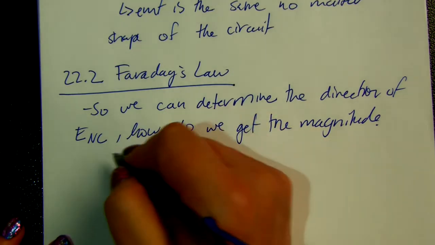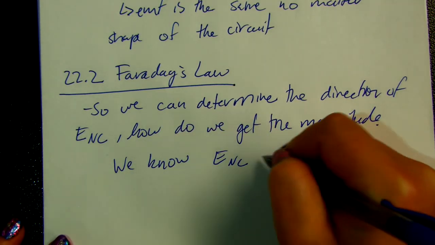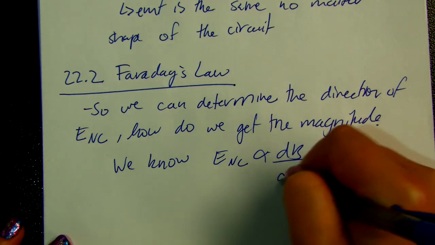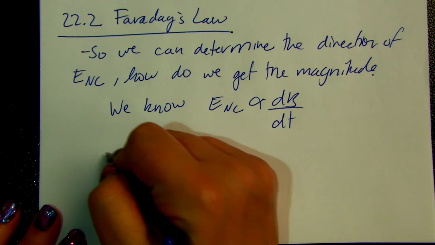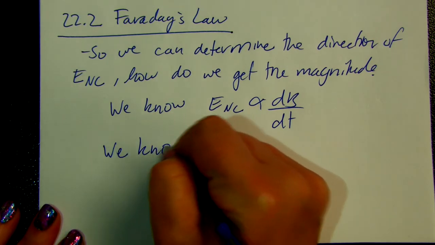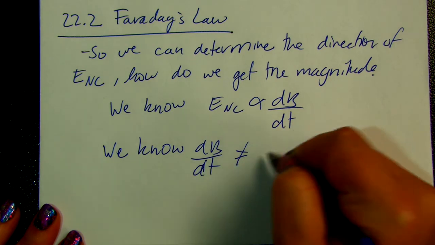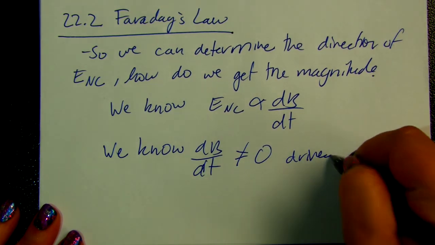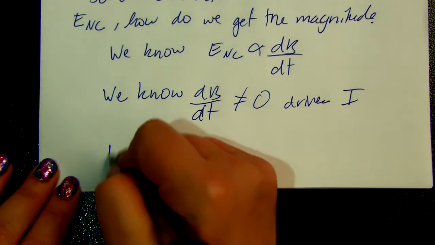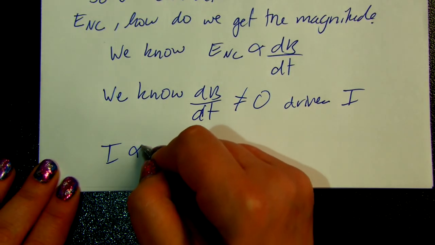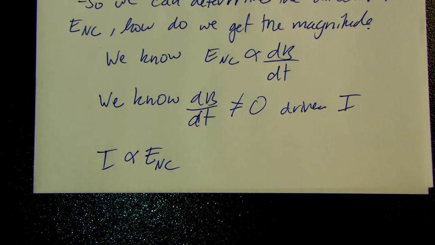So far, we know that it is proportional to the rate of change of the magnetic field. And we know dΦ/dt non-zero drives a current, drives I, and I is proportional to EMF.